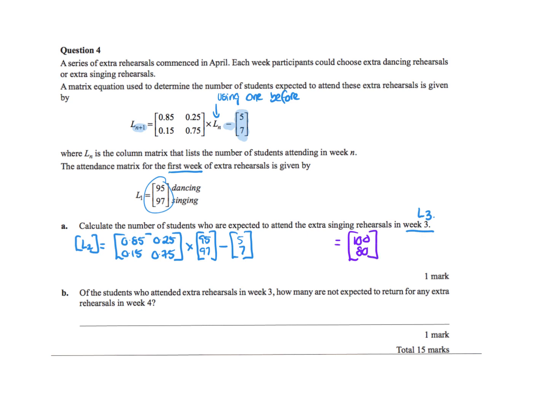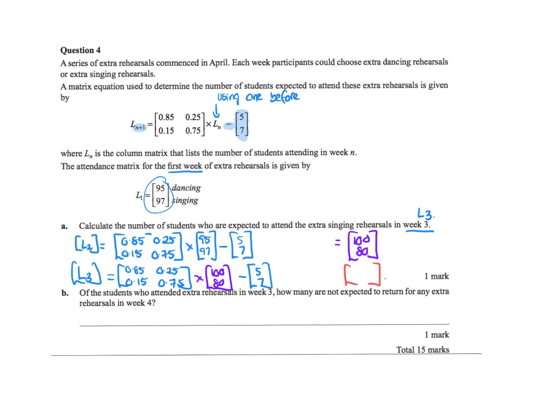Now when we go to find L3, we're going to use that same transition matrix here, but we will times the one before, which is that L2. So we're going to use that 180, and we still have to minus that. You just type all that in on your calculator, and we end up with an answer of this.